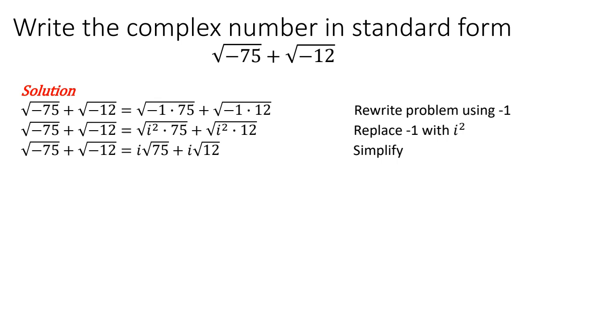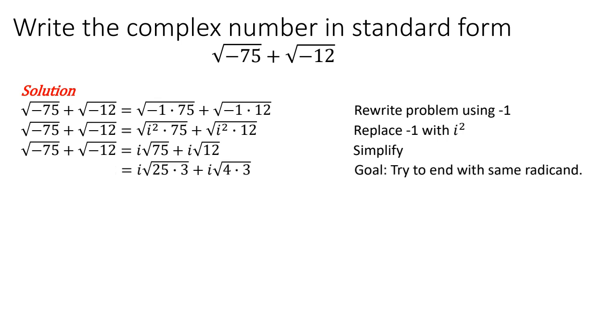But we need to simplify. So the 75, I know that I can write as a product of 25 times 3. And the 12 can be written as 4 times 3. And again, I want to get these factors that I know I can simplify out, because the square root of 25, I know that is 5. I know that the square root of 4 is 2. So that's what's going to come out of my radical, right?